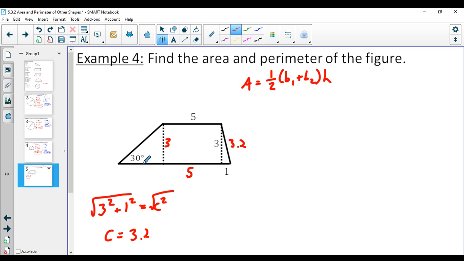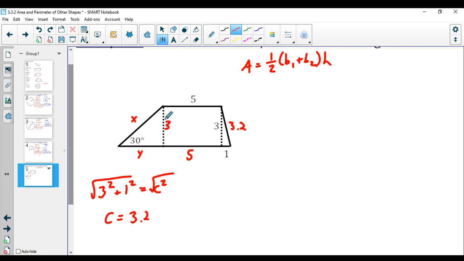And now we need these two sides as well. Maybe I'm just going to give them names, x and y, so we can look for them. You can give them whatever names you want. And now we got to use some trig, right? So we have an angle and a side, so we're going to use trig, aka SOHCAHTOA.